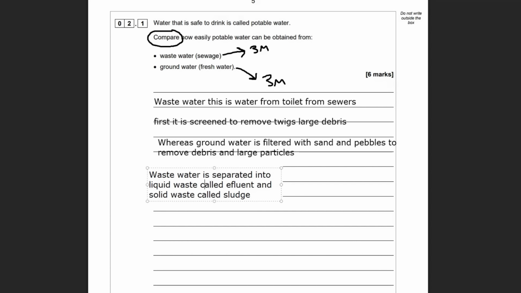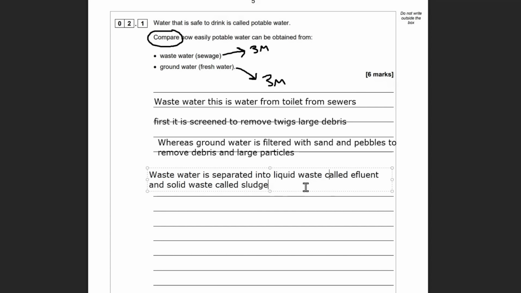Nice, eh? So basically, the solid feces and all the poo goes to the bottom, and the liquid just floats to the top. And we call this, is this sedimentation? Yeah. So wastewater is separated into liquid waste called effluent and solid waste called sludge in a process called sedimentation. Effluent has two F's, doesn't it? Yeah. They just let the solid waste fall to the bottom and they separate it out.